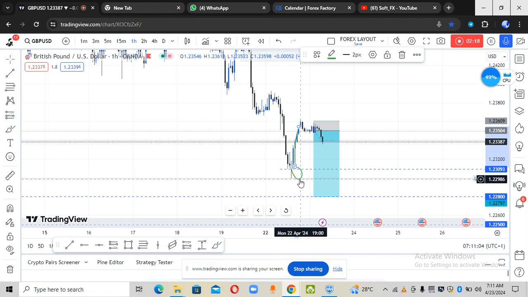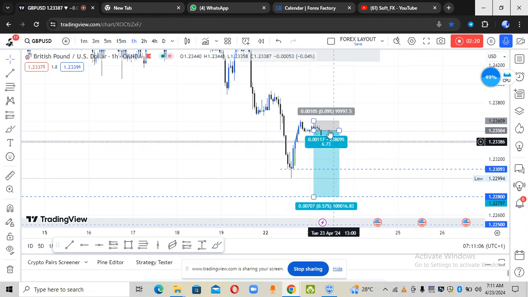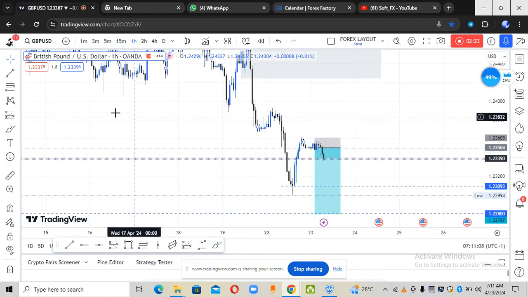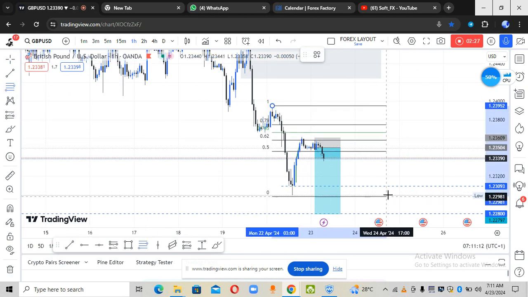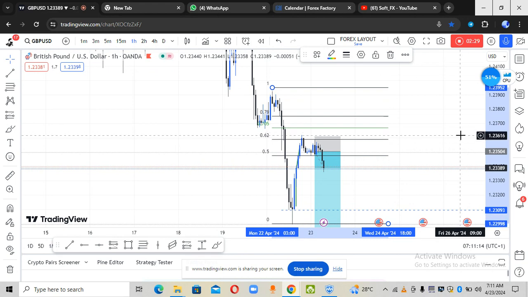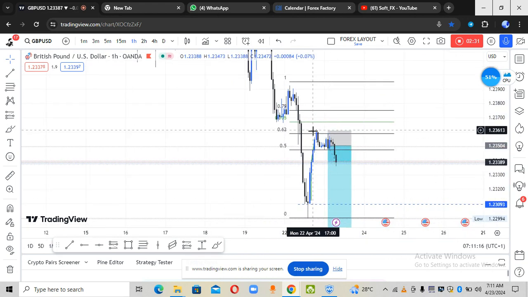Now, the reason why I am selling from this level is because if we take our tool and measure out this swing, you will see that the price actually went into the 60% level over here, which is more like an optimum trade entry.